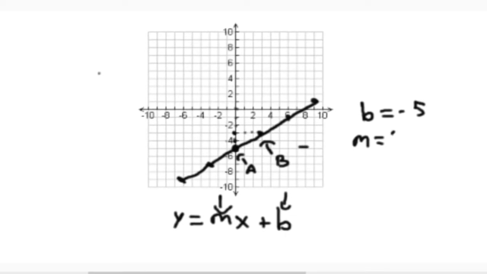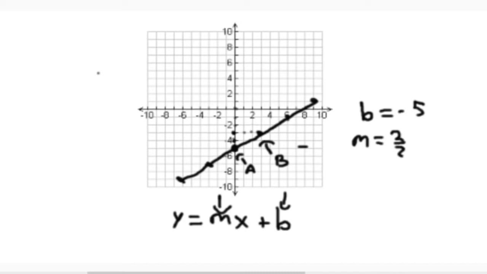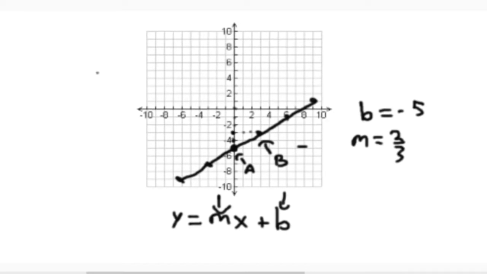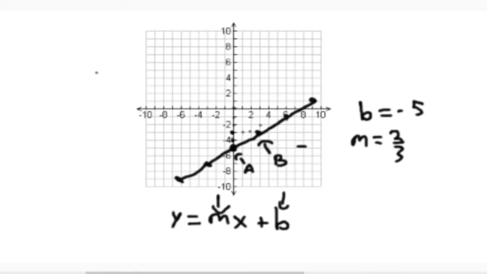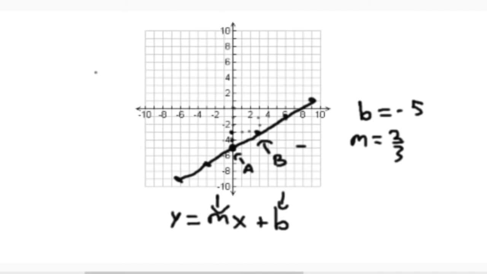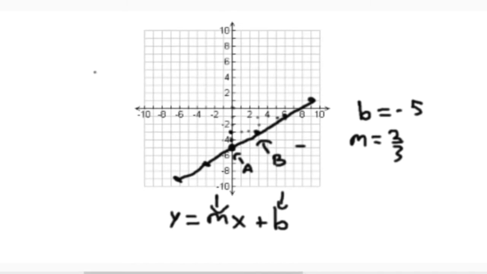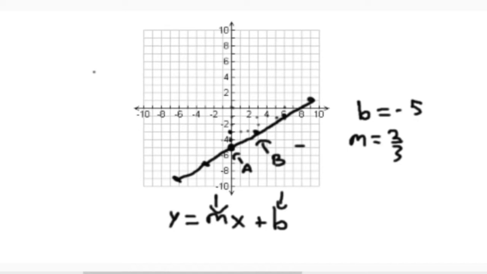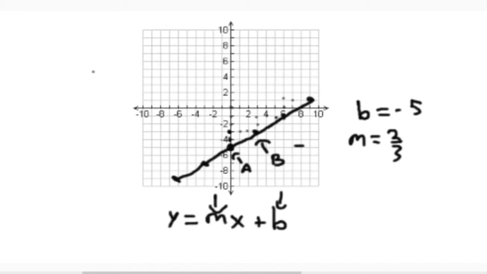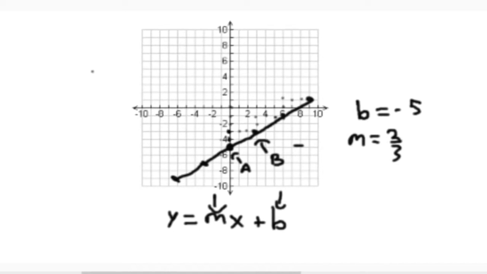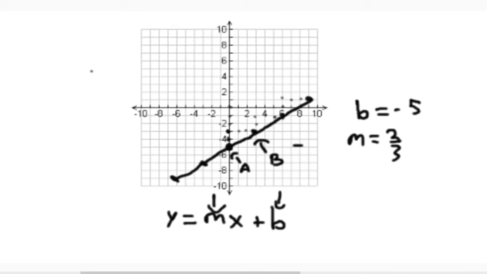So far it looks like our slope is 2/3. Let's see if it works with the next point. Rise 1, 2, run 1, 2, 3. So it looks like 2/3 is our slope.